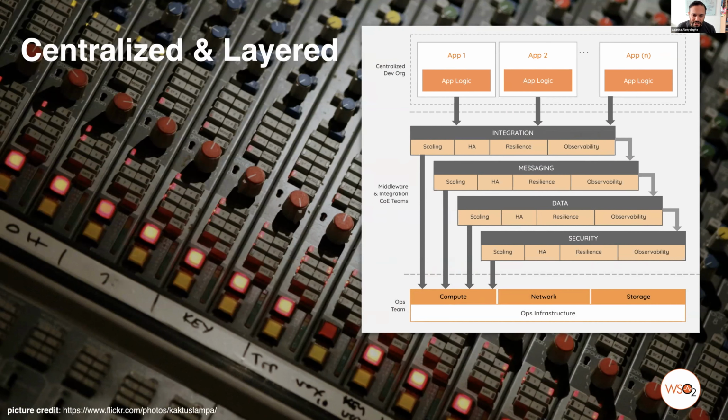Then around 2011, 2012, microservices architecture came into the picture, and now we are at cell-based architecture. What I want to highlight in this slide is that we are moving from a layered and centralized architecture into a segmented architecture and into a completely decentralized architecture. This is what really happened in the application architecture evolution.